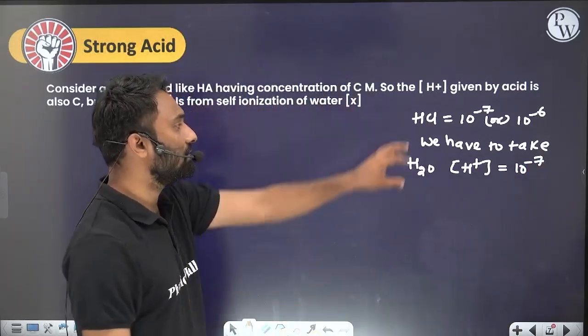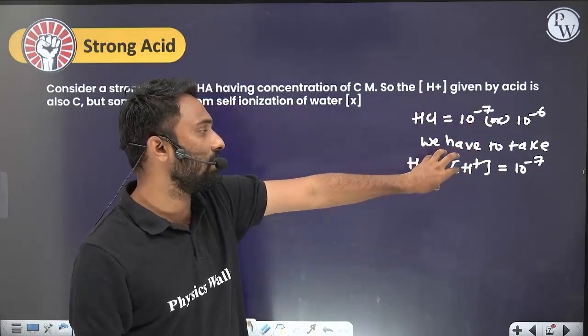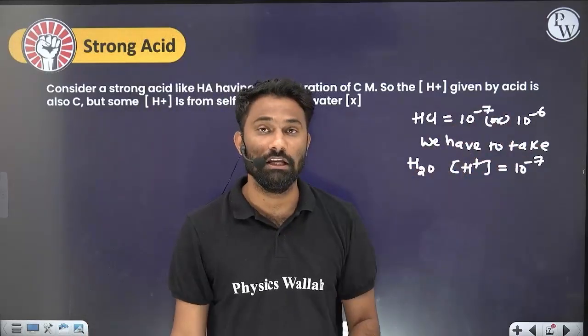In comparison with the acid's concentration, the H plus ion concentration is also equal.